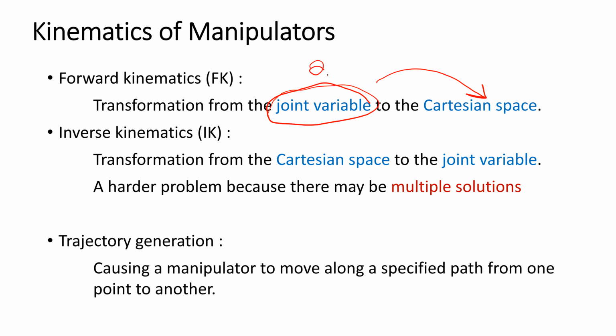How can we link theta 1, theta 2 to the x, y, z of each link or of the endpoint?